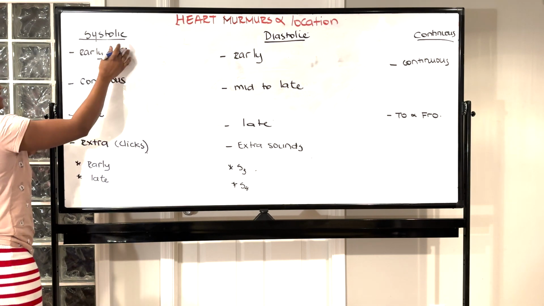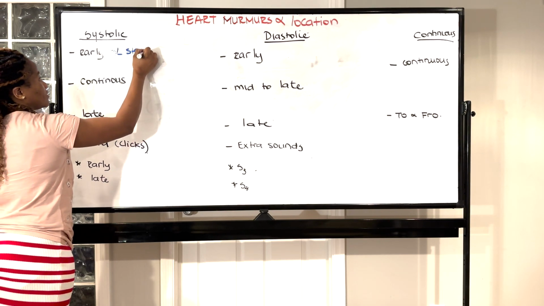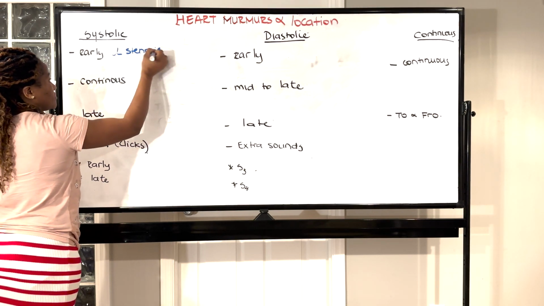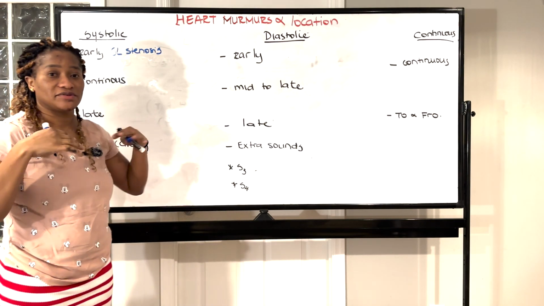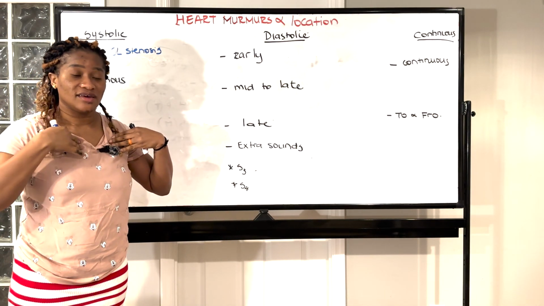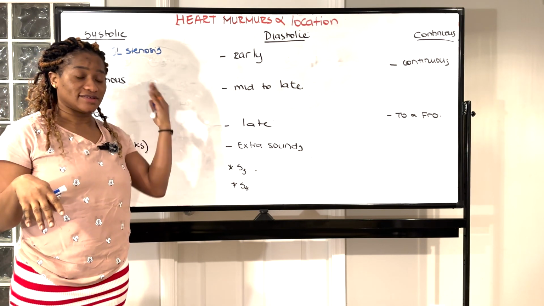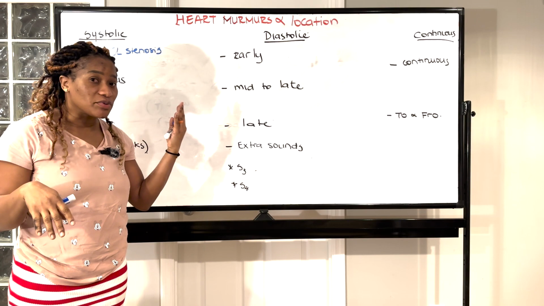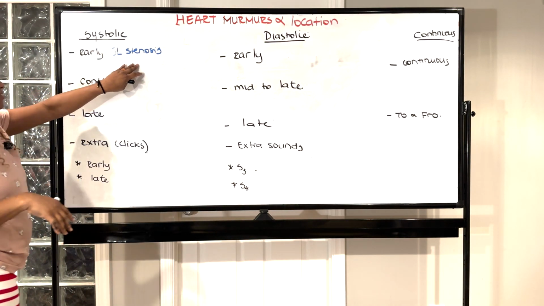So it's going to be semilunar stenosis. Now remember, semilunar stenosis is going to be heard at the base: second intercostal space to the right for aortic, and second intercostal space to the left for pulmonary. So this is going to be your early systolic sound.